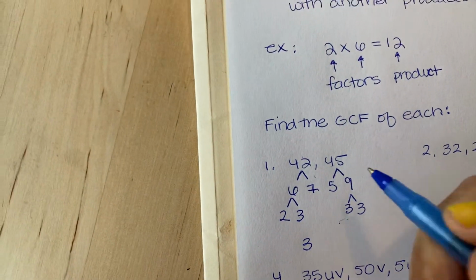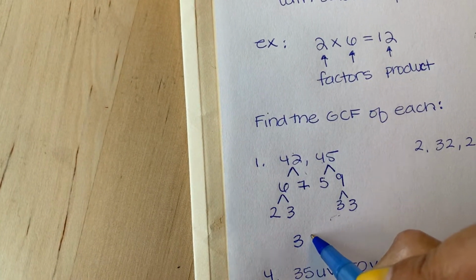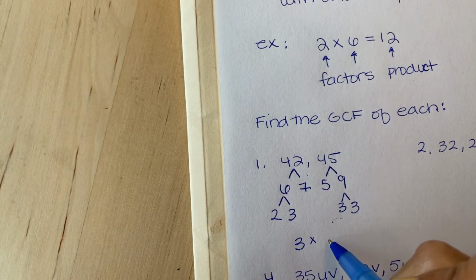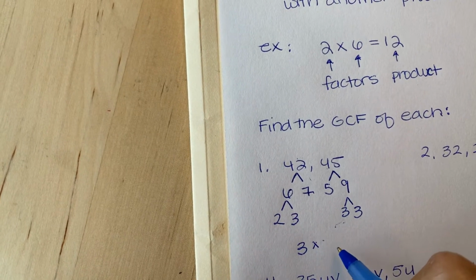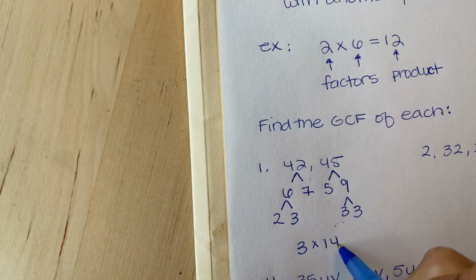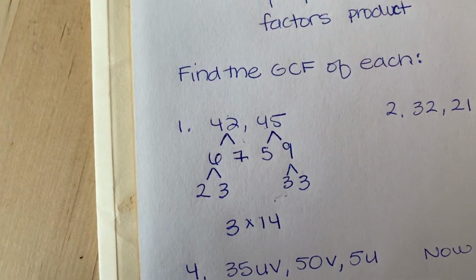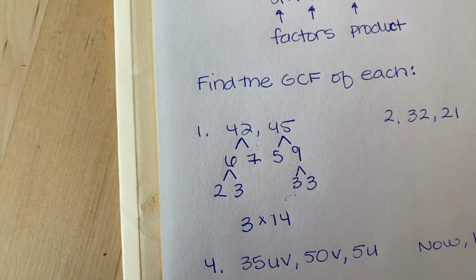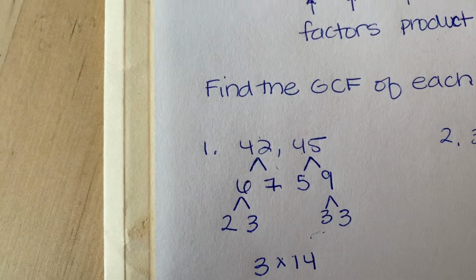Now, 3 goes into 42, right? 3 times, what was that, 14? Oh my gosh, no. Oh my goodness, yeah, it was 14. Whoops, where's my calculator? Oh, here, but one of the kids took it.